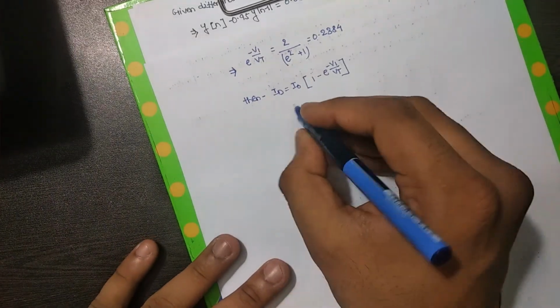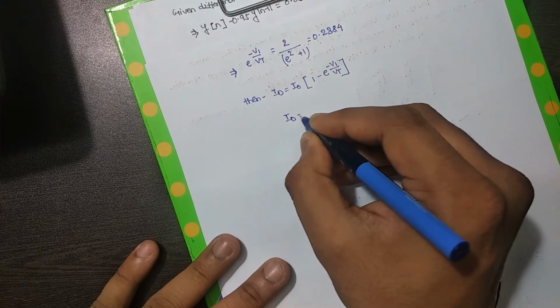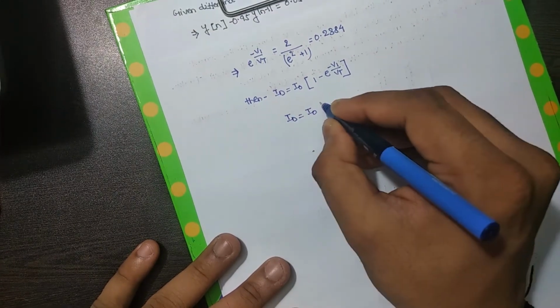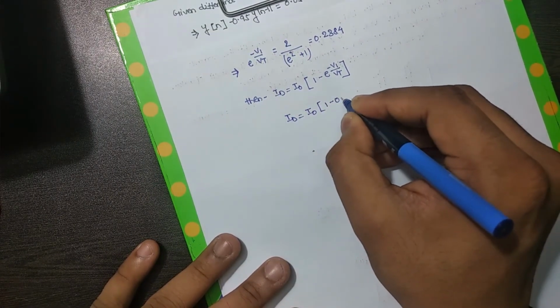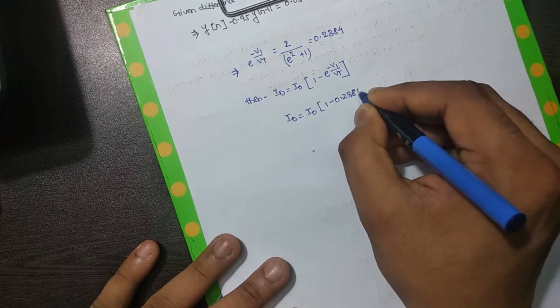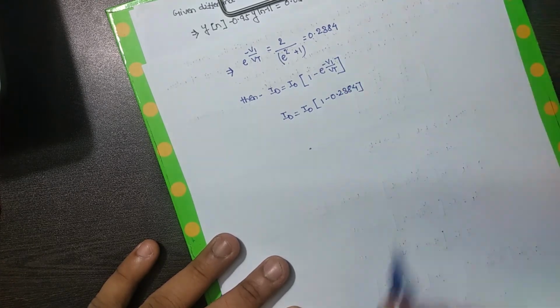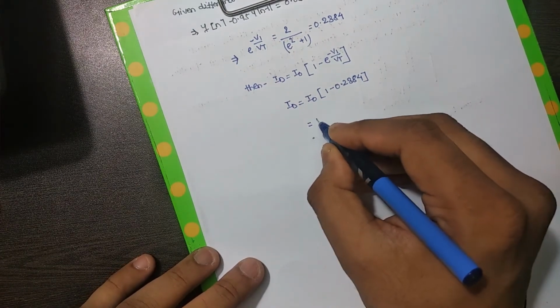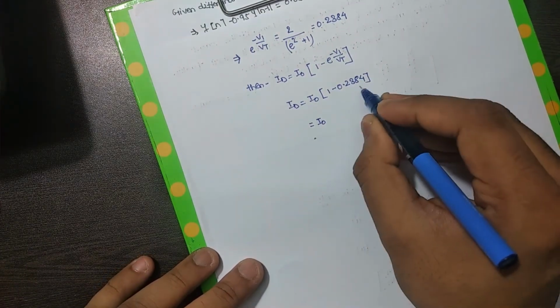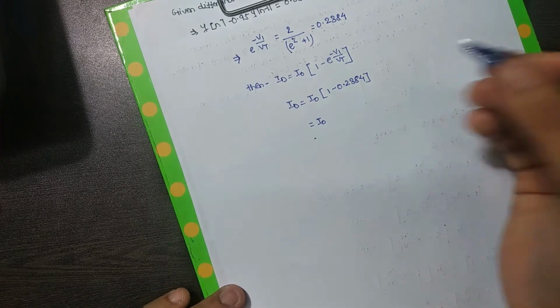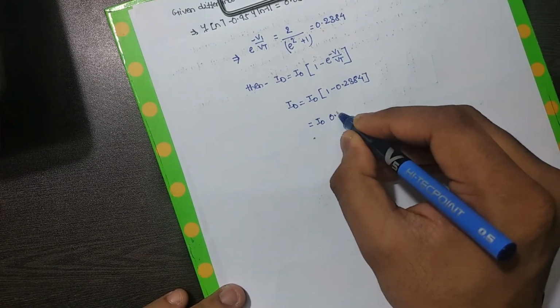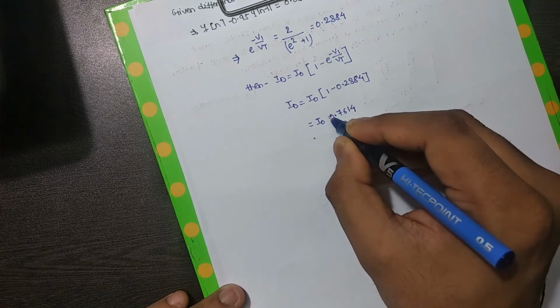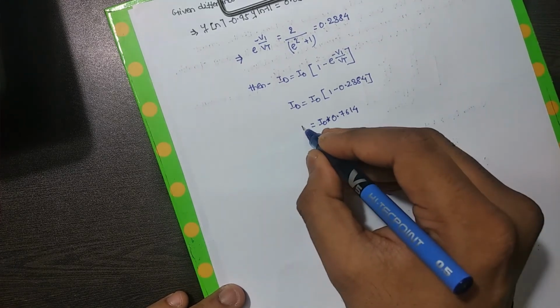So ID equals I naught into 1 minus 0.2384. I have used this factor here simply for simplification. So I naught into 1 minus 0.2384, you will get nearly 0.7614 I naught. ID equals to that.